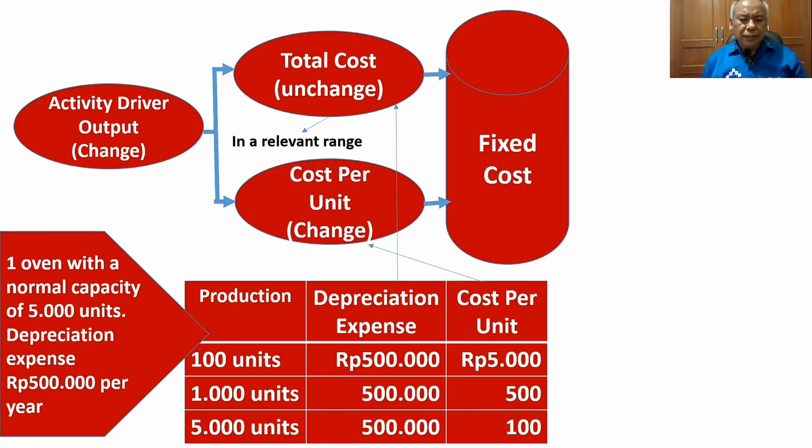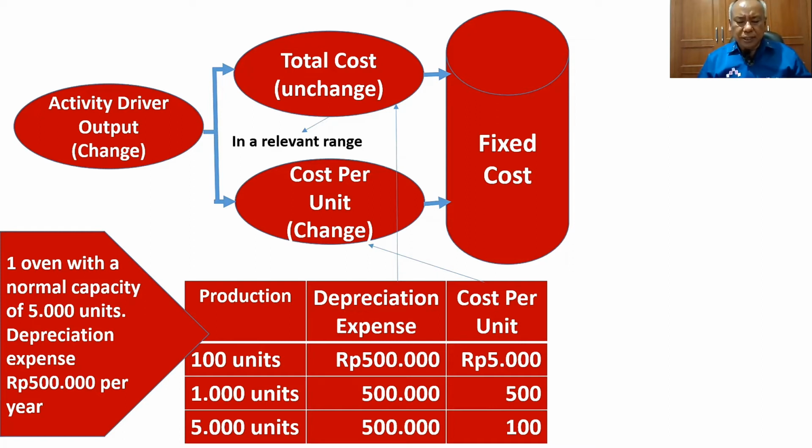Because one oven has a capacity of 5,000 units, if the demand is greater than 10,000 units, we need one more oven, making three ovens. Then we have a capacity of 15,000 units, but our depreciation expense will be 1,500,000.